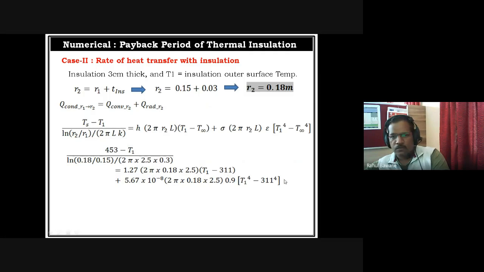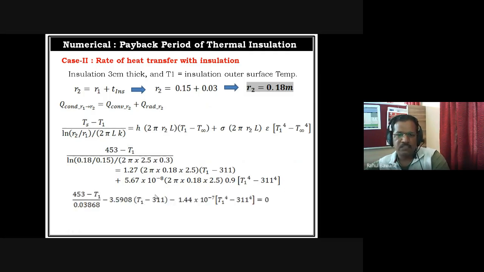So put all the values and simplify as much as possible, because this is not a regular form of equation: here it is T1, again T1, here T1 raised to the power 4. So we shift all the values to one side and the other side remains 0.